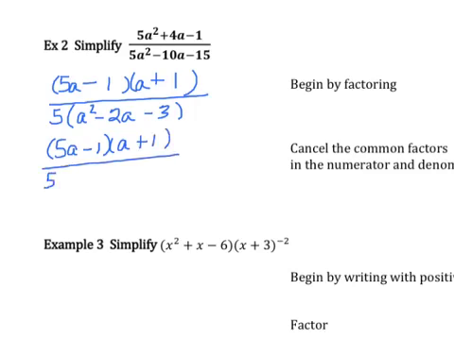And it can't be 5a minus 1, so it must be a plus 1. And the other factor must be a minus 3. Okay, so I do have factors in common, which I will cancel. And then I'm going to write what's left.